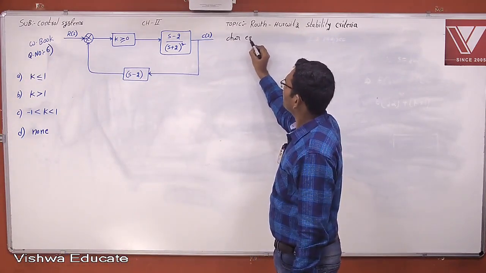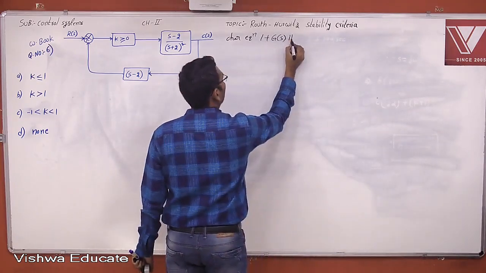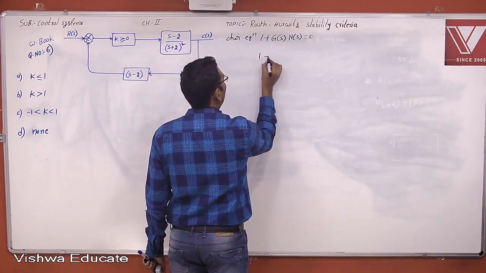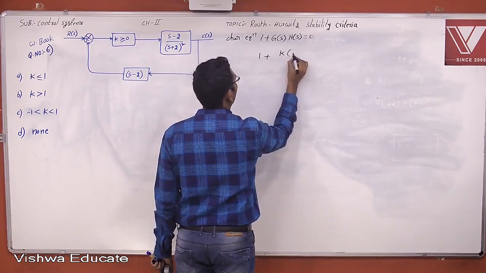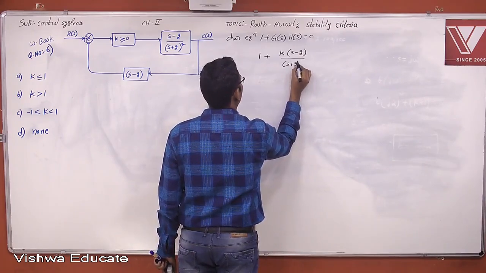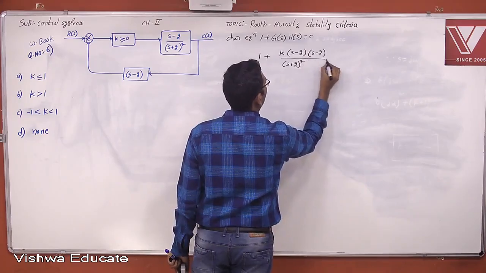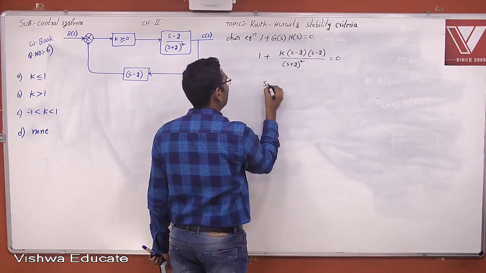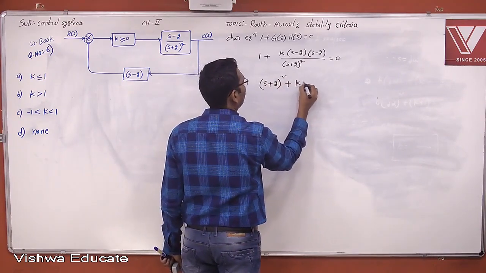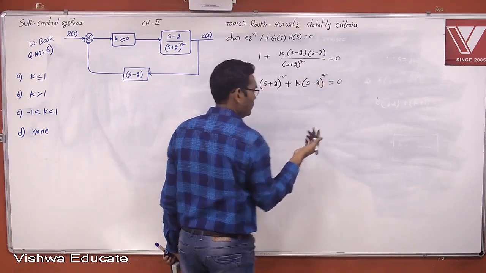The characteristic equation is 1 plus G of s into H of s equal to 0, which is nothing but 1 plus forward path gain, K into (s minus 2) by (s plus 2) whole square, into H of s, which is s minus 2, equal to 0. The characteristic equation is (s plus 2) whole square plus K into (s minus 2) whole square equal to 0.